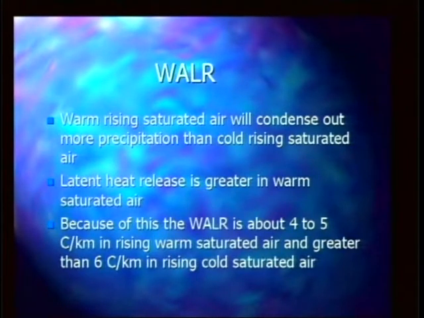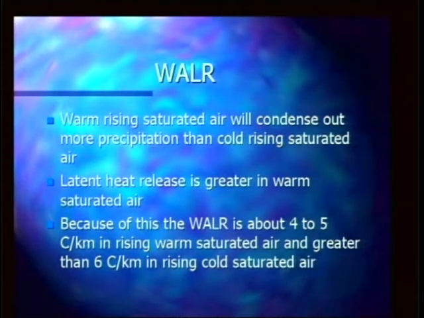Some other information about the wet adiabatic lapse rate. Warm rising saturated air will condense out more precipitation than cold rising saturated air. And this is because the latent heat release is greater in the warm saturated air. The warm saturated air has more moisture. Thus, when the moisture condenses out, more precipitation will be condensed out.